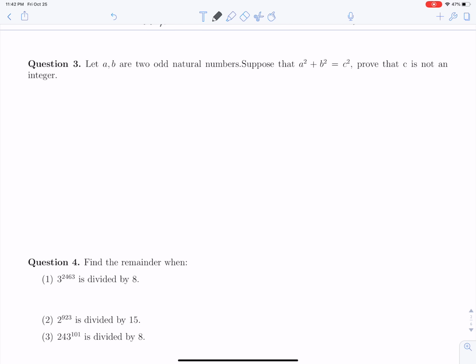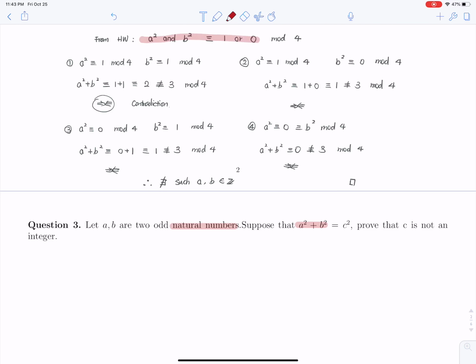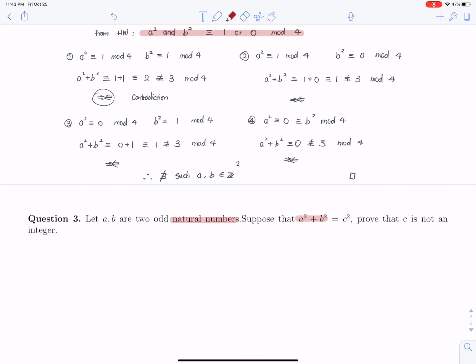Here's the thing. We see a squared plus b squared again, and a, b are natural numbers again. What does this remind me of? This, again from your homework. So you can see how important congruence mod 4 is when you see a squared, b squared, x squared, y squared. In your test or quiz, when you see this type of thing, probably think about them in mod 4. It might be helpful.